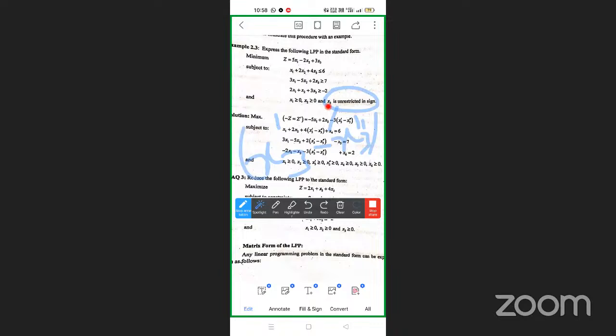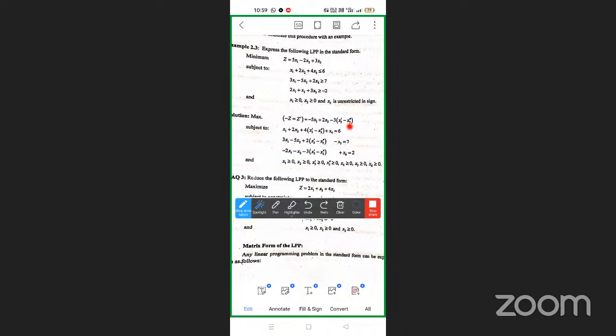We don't know. In this case, we replace x3 in the total equation with x3 dash minus x3 double dash, where x3 dash is greater than or equal to 0 and x3 double dash is greater than or equal to 0. That's why we are taking x3 dash and x3 double dash.